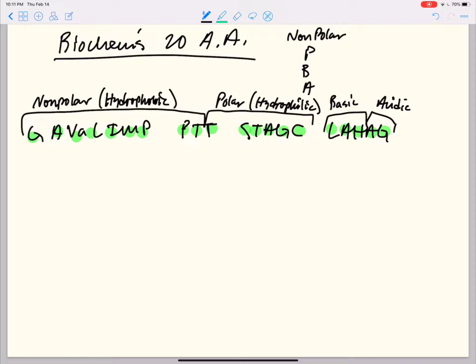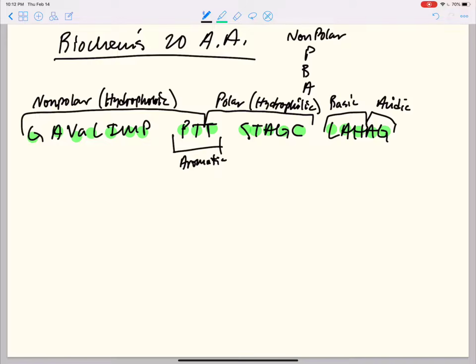So GAVaLIMP, PTT, STAGC, LAHAG. That was the easiest way for me to remember these and also to be able to group them into nonpolar, polar, basic, and acidic. You also need to know that phenylalanine, tryptophan, and tyrosine are aromatic. And it is obvious once you memorize the structures of these.